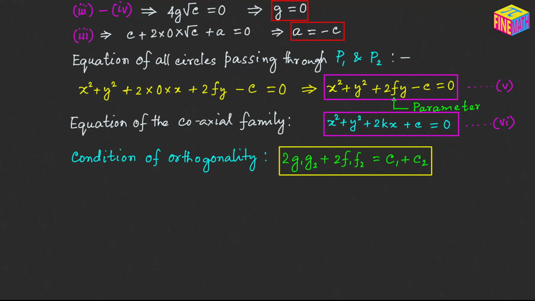So in this case, we have two equations, and let's see if 2 times the product of g sub 1 and g sub 2 plus 2 times the product of f sub 1 and f sub 2 is equal to c sub 1 plus c sub 2.